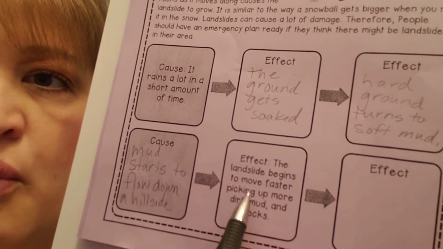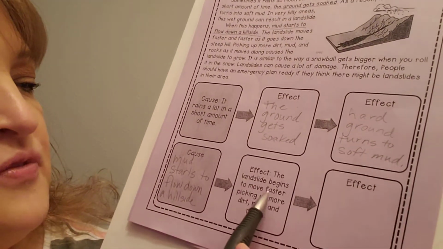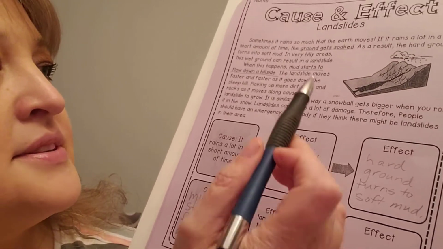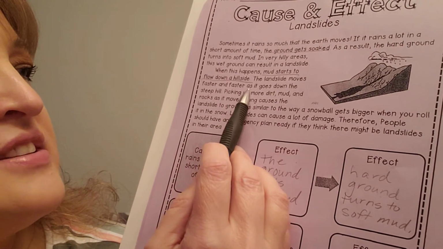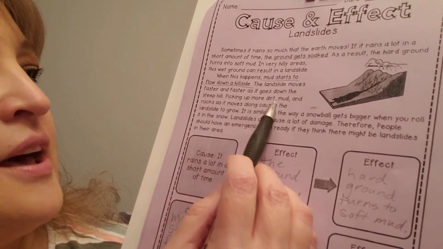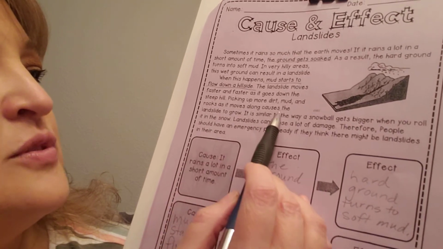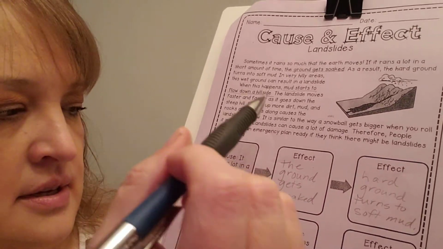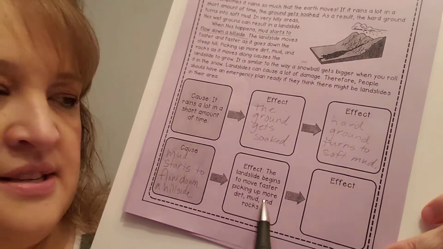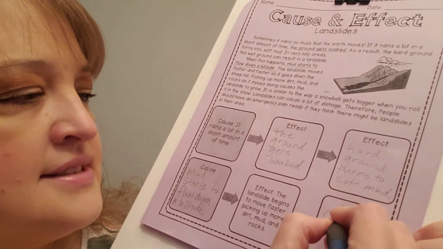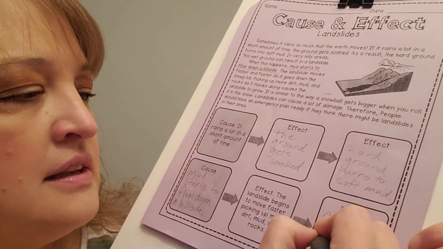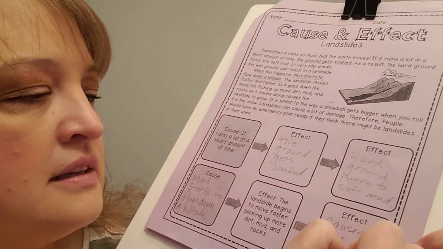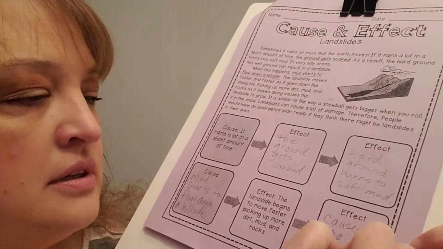So now, once it starts moving faster, picking up more dirt, mud, and rocks, then what happens? So the landslide moves faster and faster as it goes down the steep hill, picking up more dirt, mud, and rocks as it moves along, causes the landslide to grow. So what happens when it does this? It causes the landslide to grow.